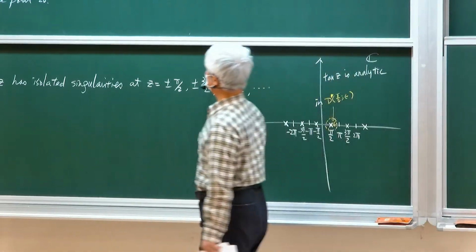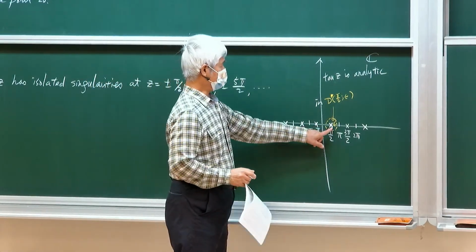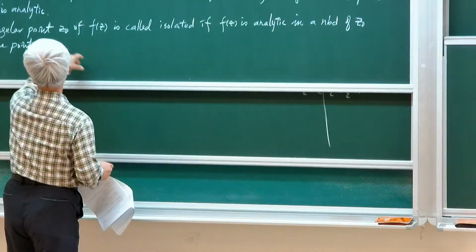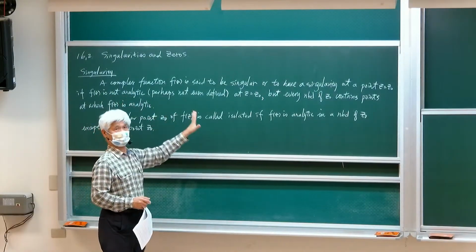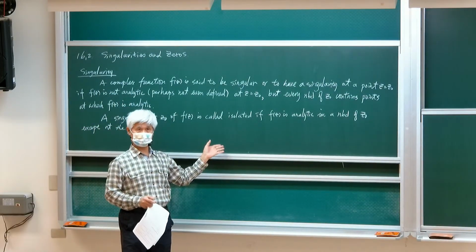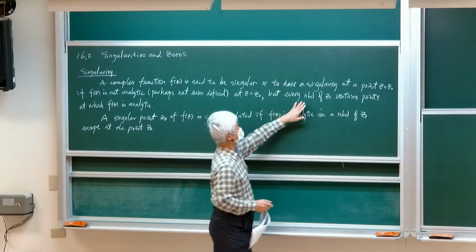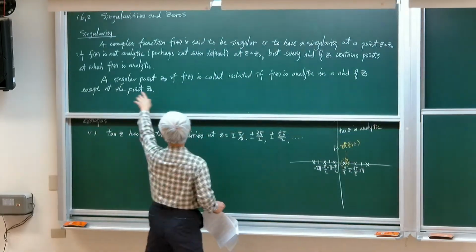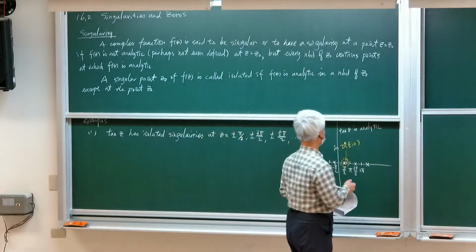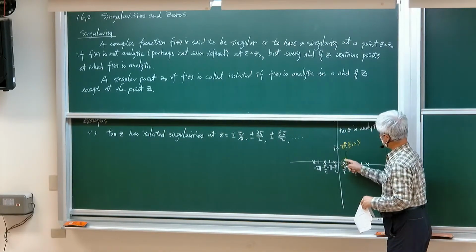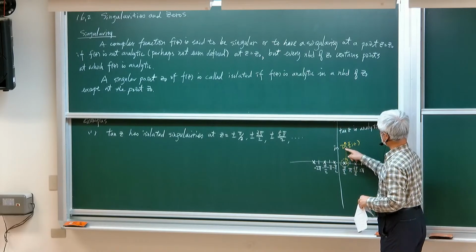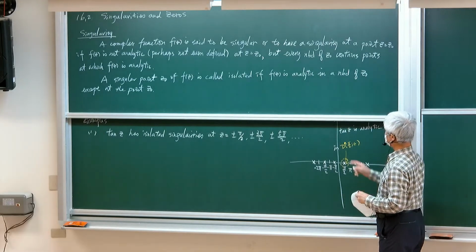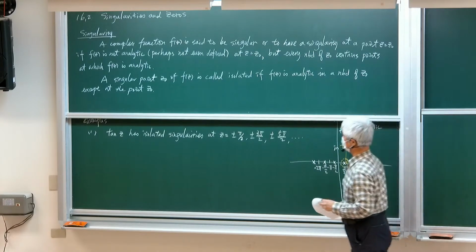But at the point z equal to pi over 2, f of z is not defined there, so of course it's not analytic. Every neighborhood of z0 contains points at which f of z is analytic, and for all other points except the center of this disk, tangent z is analytic. So we have an isolated singularity here.